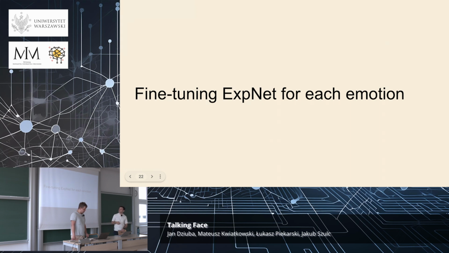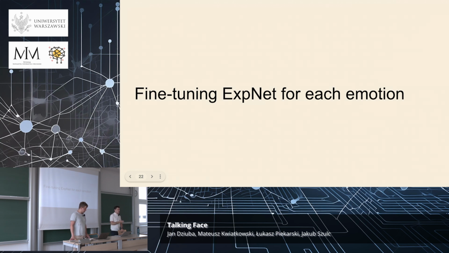So what we wanted to do was fine-tune the XNet for each emotion separately and have separate models for all of the emotions from our set. It was not a lot of them, so we can do that. The very important assumption is that we cannot increase the inference time because it has to be generated in real time.